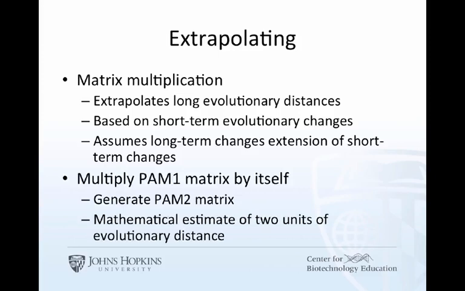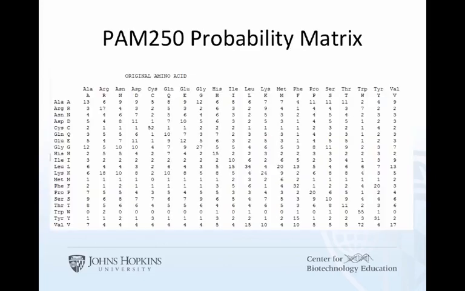PAM1 times PAM1 equals PAM2. And that's a mathematical estimate of 2 units of evolutionary distance. Now, if we do that 250 times, that's 250 units of evolutionary change. Obviously, we can't measure 250% change, but we can measure 1% change and extrapolate that to 250 units.